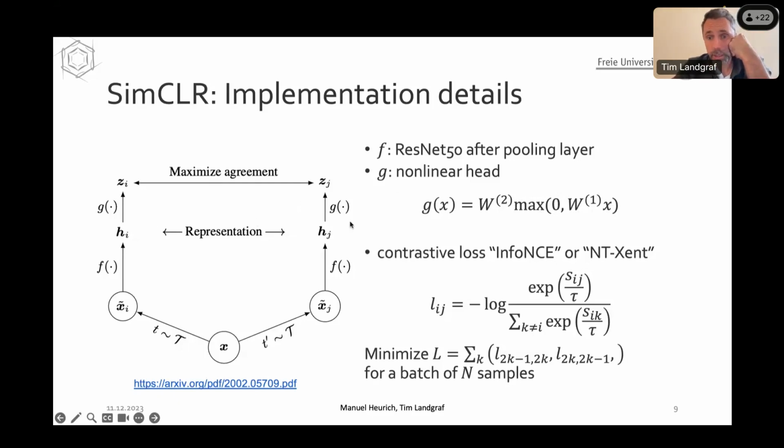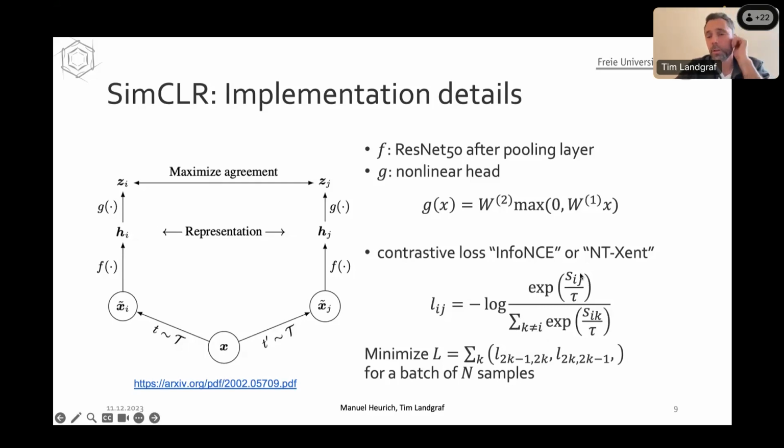As a loss, we apply the so-called InfoNCE loss, which looks a little different in the paper. They called it NT-Xent. I think the only difference is that in the sum over all samples, we exclude k equals i in the denominator, and for InfoNCE, the equation looks the same, except that we do not exclude k equals i.